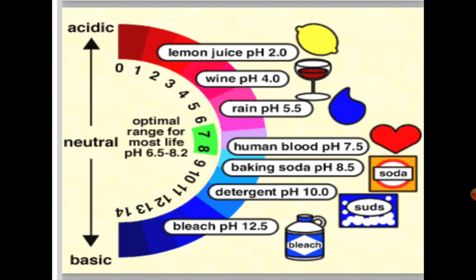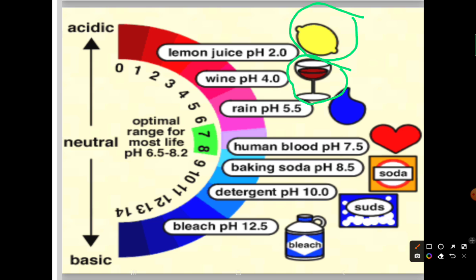Bleach pH 12.5. Now let us learn. In number 1, lemon juice pH 2.0. Lemon juice pH 2.4. In number 4, wine pH 4.0.